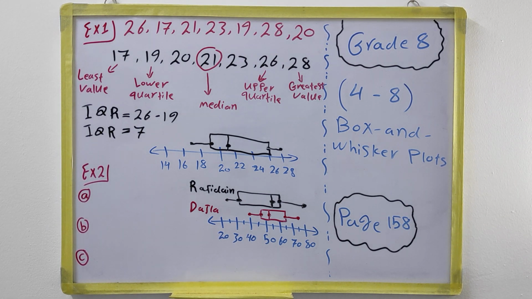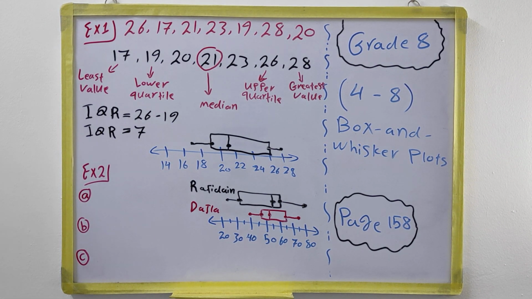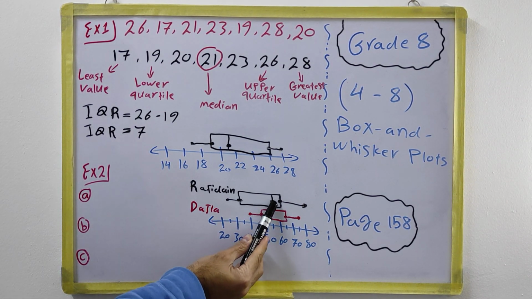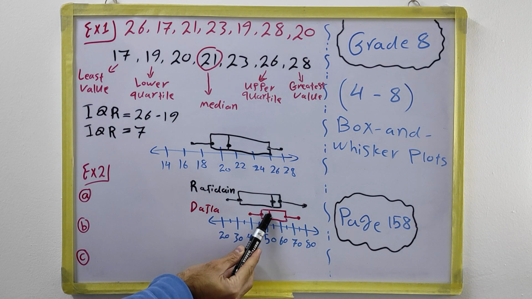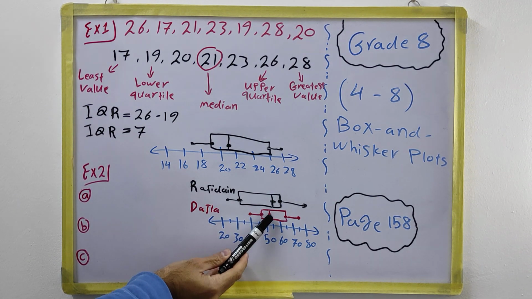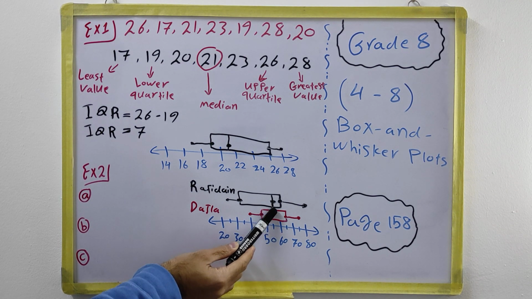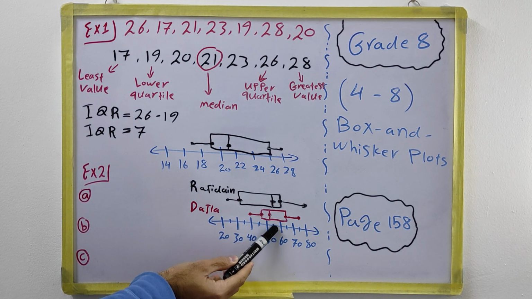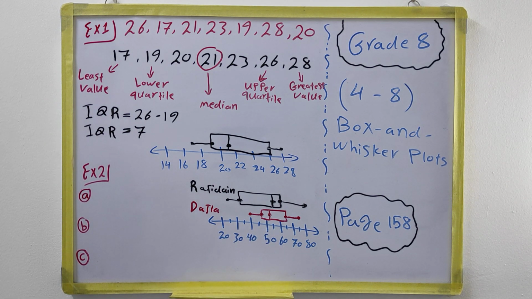In A, it asks which one of the charters has the greater median. You look at the median of Rafidin and the median of Dijla. The median of Dijla is about 51 or 52, and the median of Rafidin, you can see, is about 55.